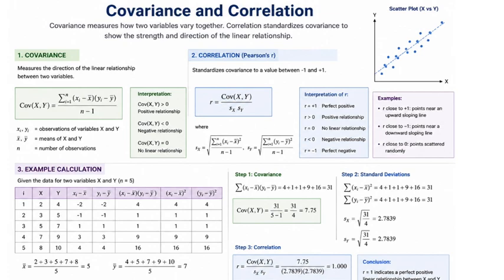In the fifth column we have the product of xi minus x bar and yi minus y bar for each data point.